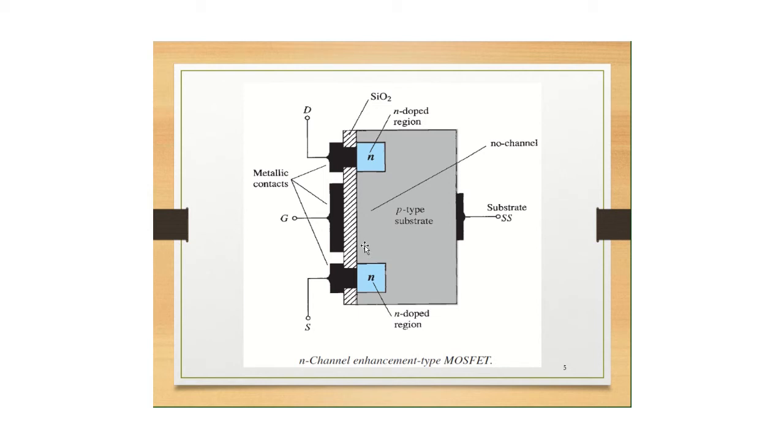Because of this negative charge on the plate, when we increase the voltage VGS, uncovering of negative immobile ions will take place in the body. We have positive and negative immobile ions, right? So when we increase VGS more, the uncovering of negative immobile ions will take place.